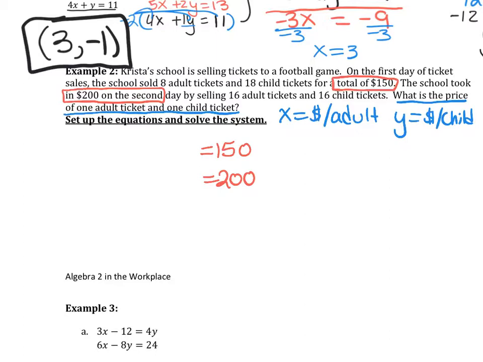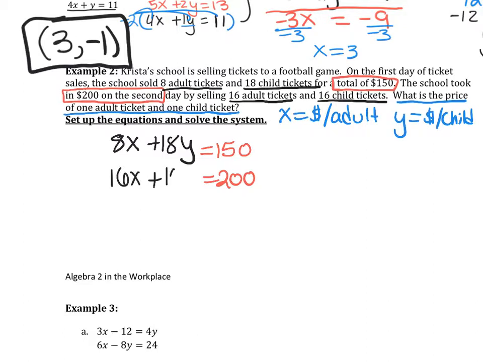And so for each day, we have an amount of adult tickets and an amount of child tickets. So we take the cost per adult ticket times the number of adults. That'll give us our total cost for the adults. And we can do the same thing for the children. So for our first equation, it was 8 adult tickets and 18 child tickets. And then our second day was 16 adult tickets and 16 child tickets.